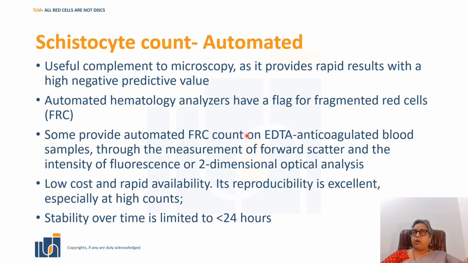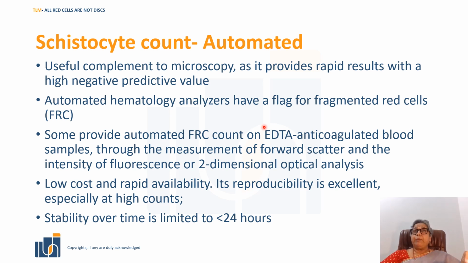You can develop a cutoff in your own labs and make a smear and then check it out. So its reproducibility is excellent, especially at high counts. Maybe at low counts, it's still not very well validated, but at high counts, definitely it's a good piece of technology to have.